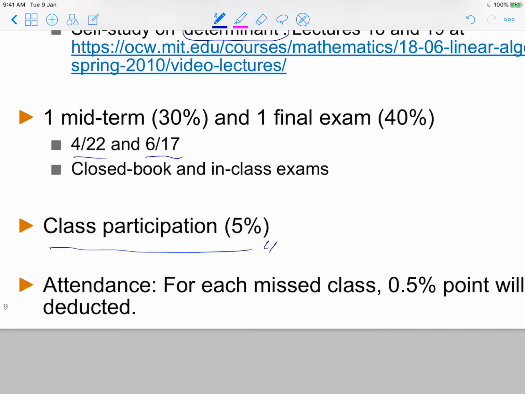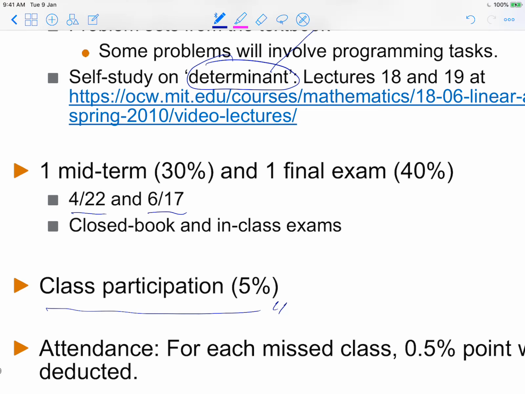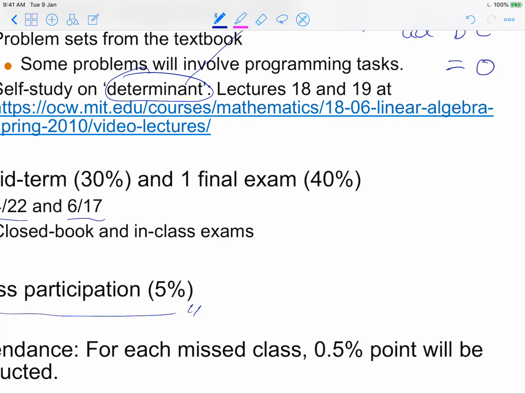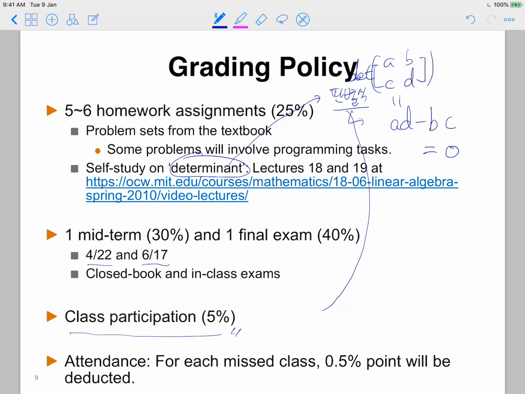And for the attendance, I will not always check the attendance every class, but I just sporadically check the attendance. Every time you are found to miss the class, your total point will get deducted by 1/2 point. Altogether, if we sum some of these numbers, it will have 100%.